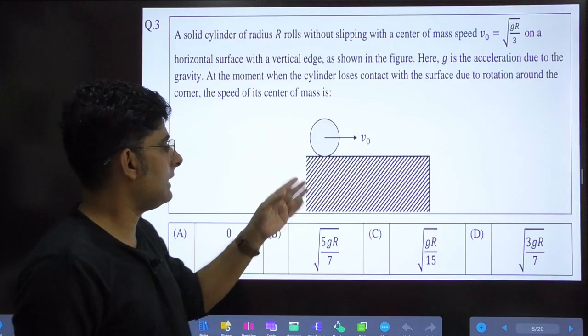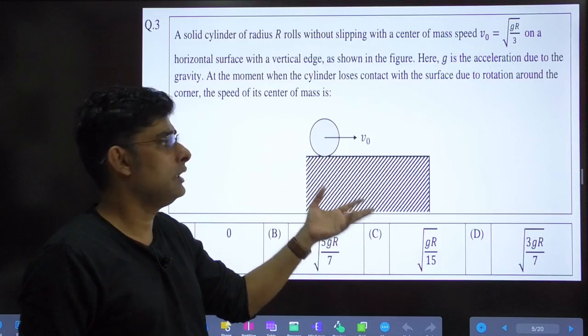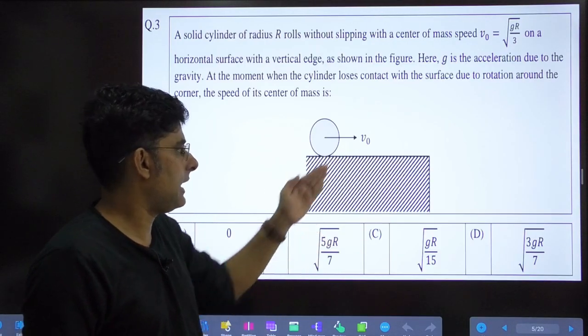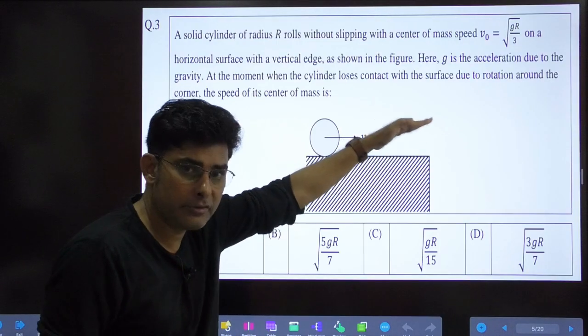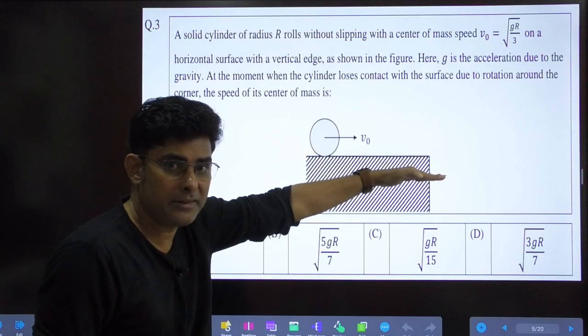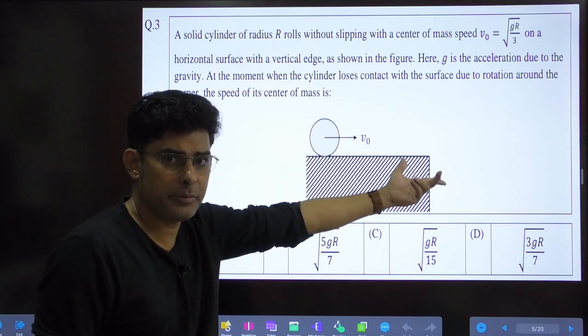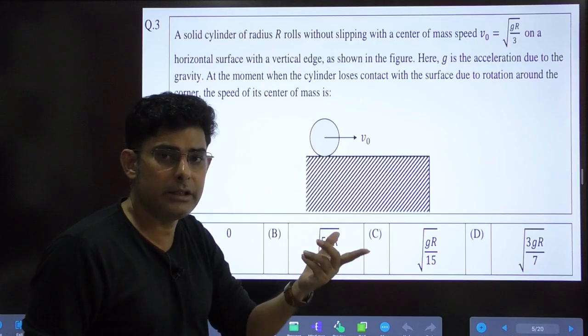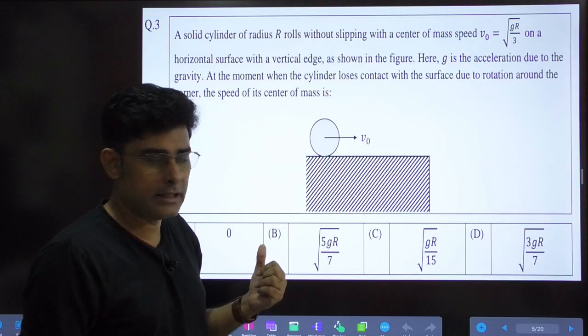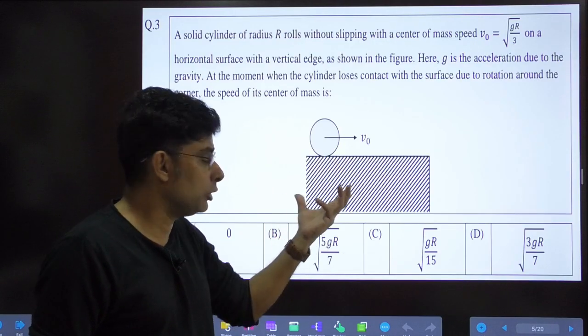So first thing is that since it is rolling purely, we can go by energy conservation. And since the cylinder turns, the center of mass will obviously come down from its initial level, and hence there will be loss in gravitational potential energy, and there will be gain in the total kinetic energy associated with rotation or rolling.